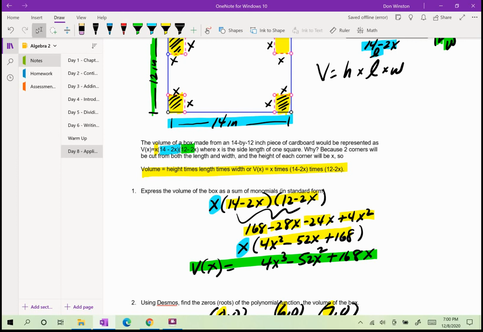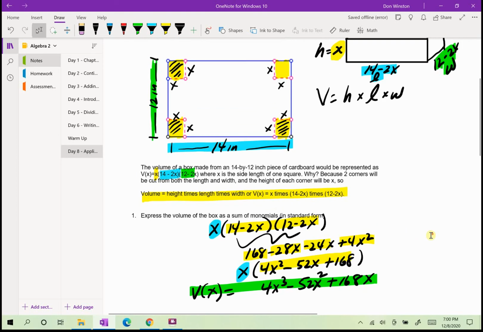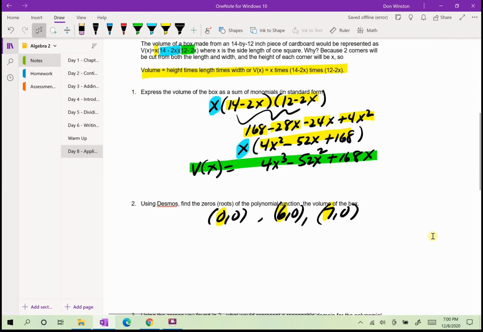So the volume then, which is a function of x, the side of the square, is going to equal 4x cubed minus 52x squared plus 168x. Okay, polynomial. Now, question number 2 asks this. Using decimals, let's find the zeros of the polynomial function for the volume of the box.